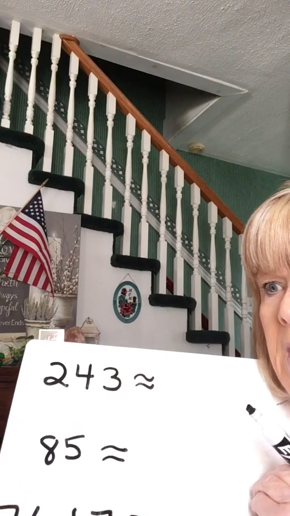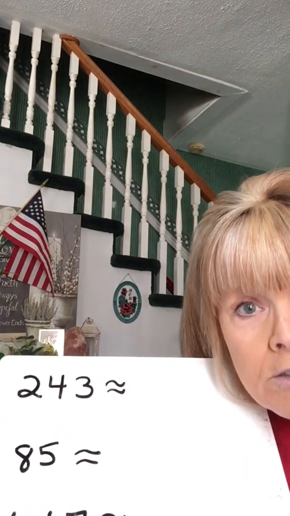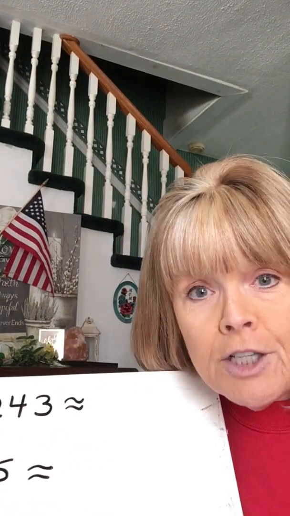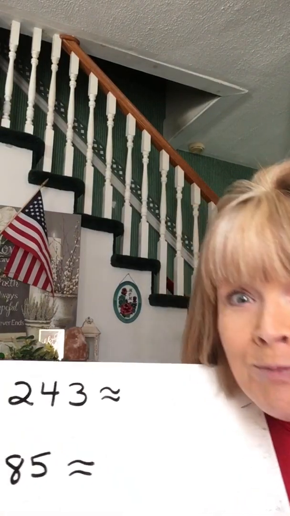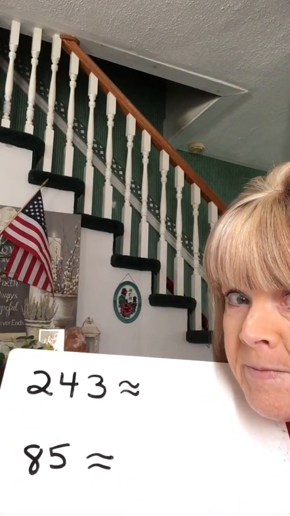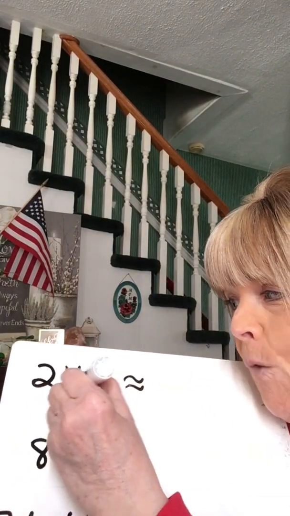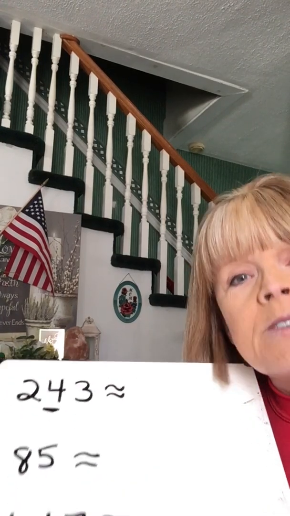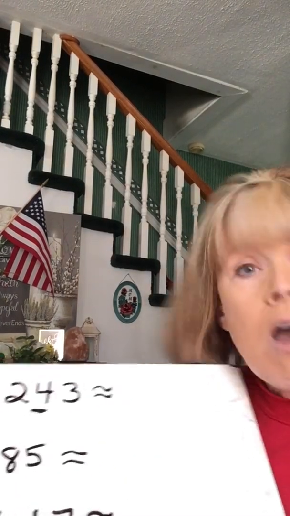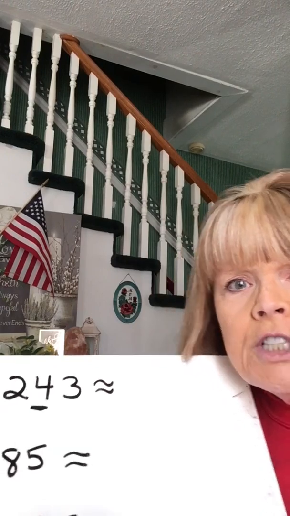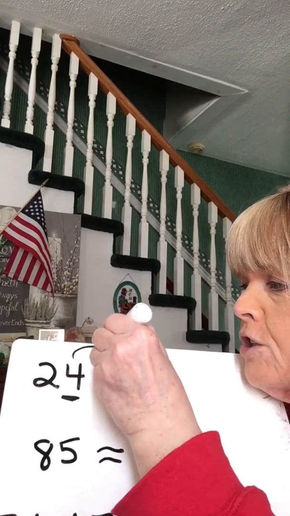Now let's do 3 more just to practice. Okay. Here's a 243. So 243 going to round to the tens place. So what's the first thing you do? Underline that tens place. Which one's the tens place? That's right, the 4. And he's either going to stay the same or he's going to go up 1. How do you tell? You look to the digit to the right.